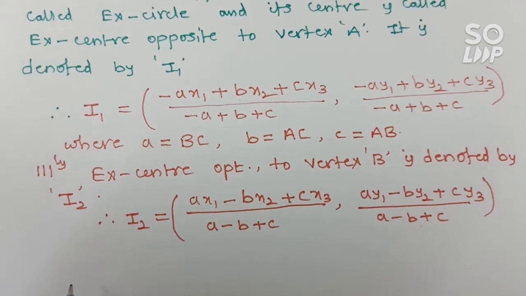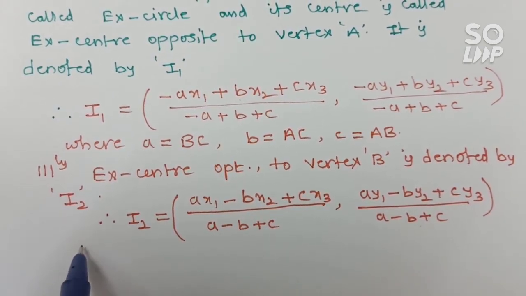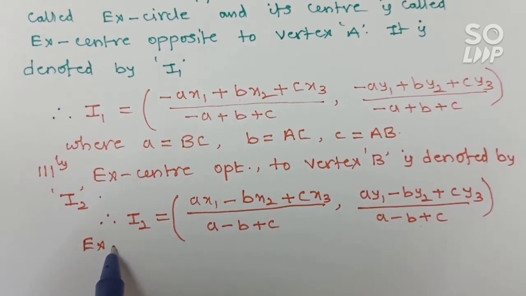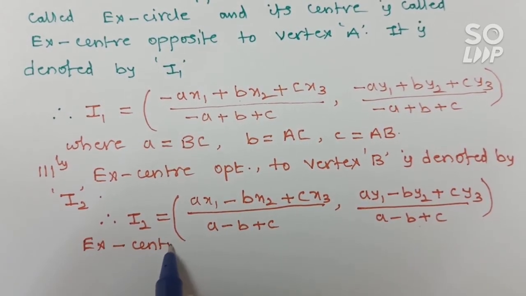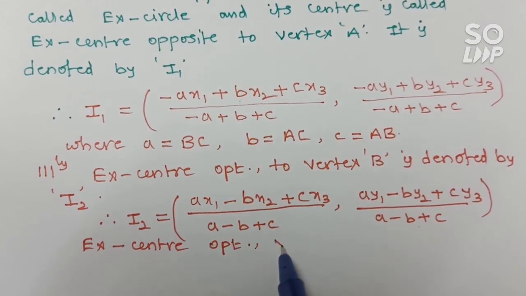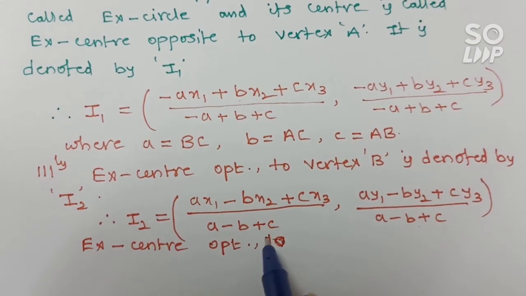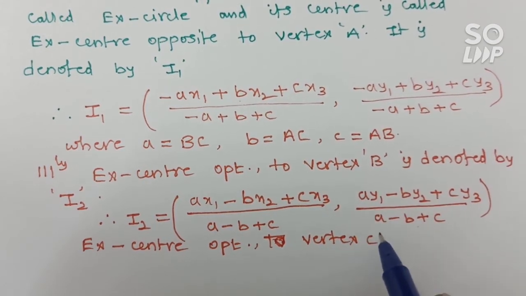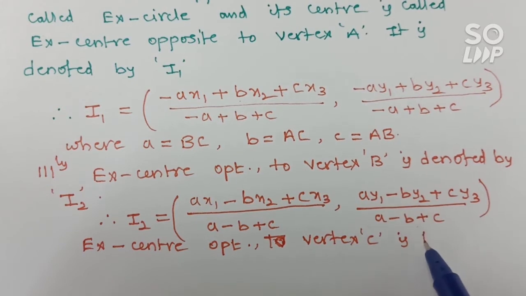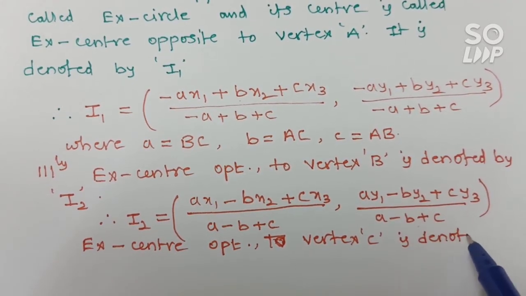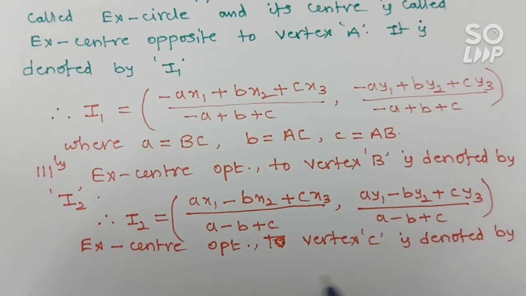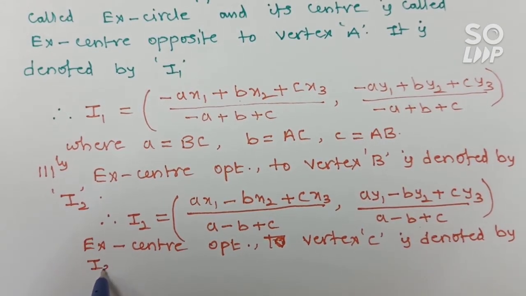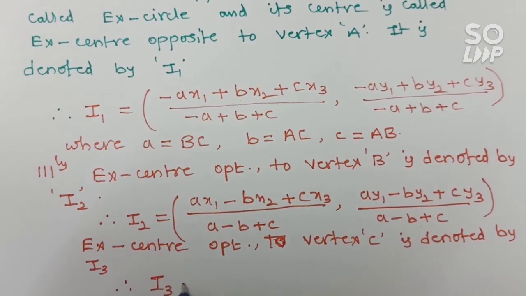Now the excenter opposite to vertex C is denoted by I3. Therefore, what are the coordinates of I3?